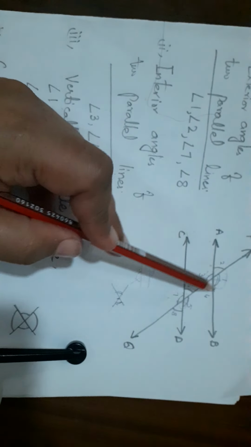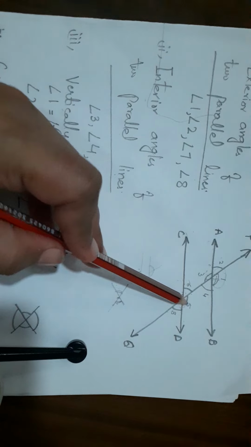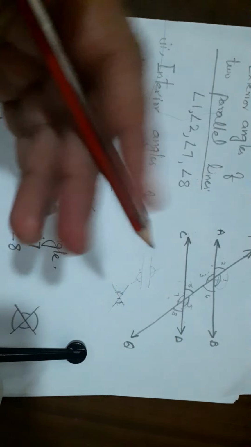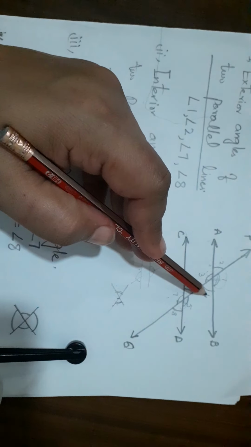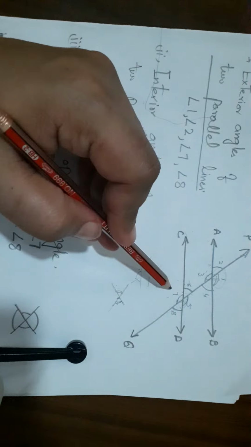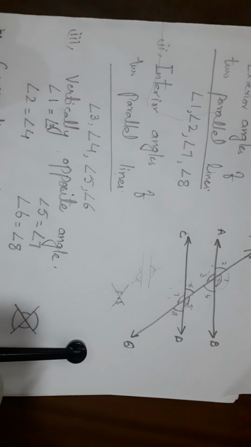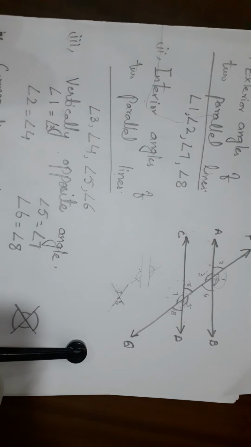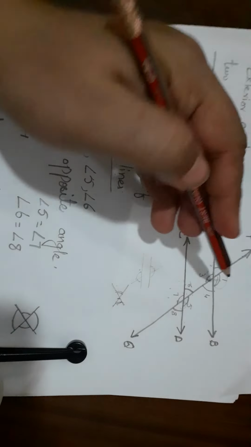This is called the corresponding angle. Angle 1 equals angle 5. Corresponding means same position. Angle 2 equals angle 6, angle 4 equals angle 8, and angle 3 equals angle 7.